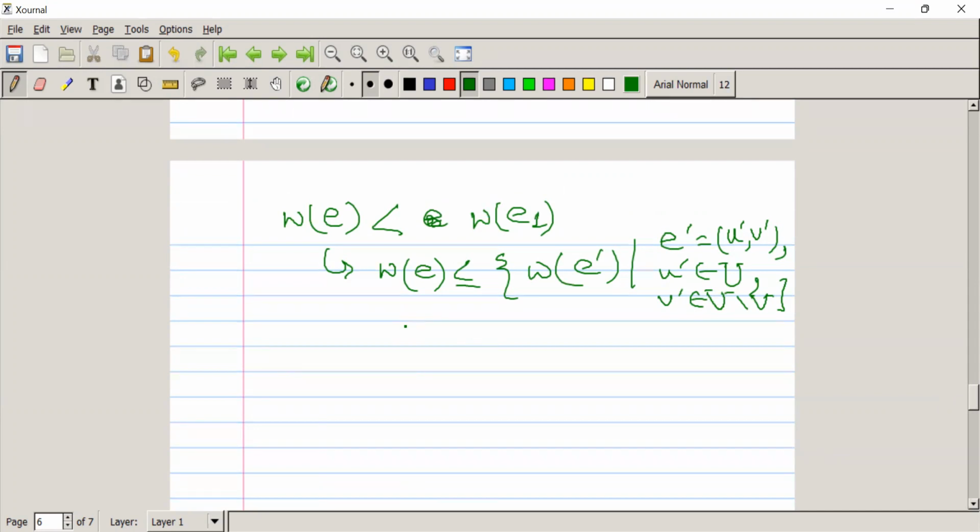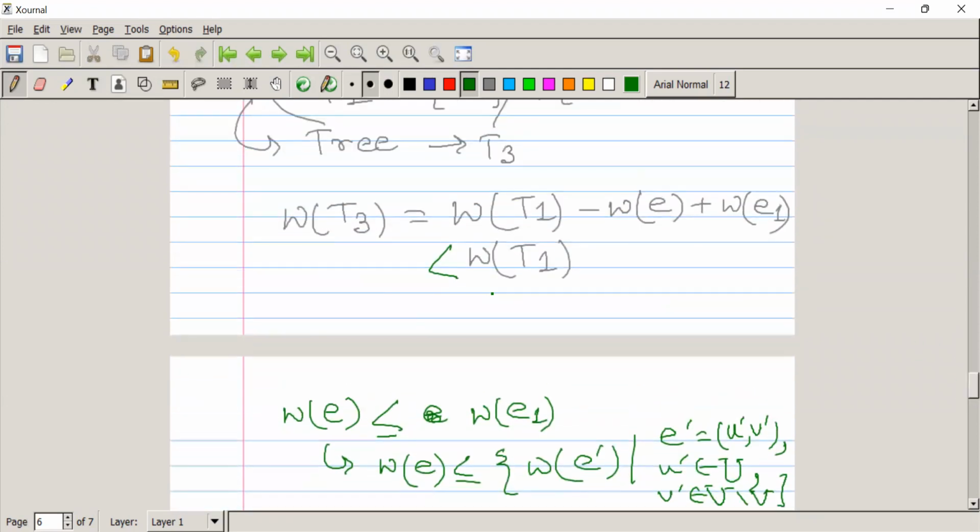Since during the running of Prim's algorithm we added the edge E, all the cut edges between U and V minus U had weight at least the weight of E. Is it true?